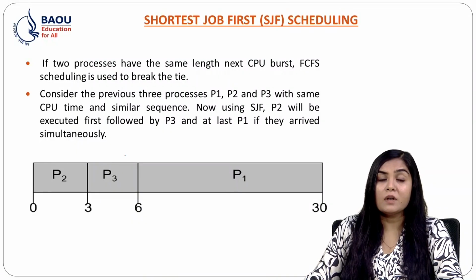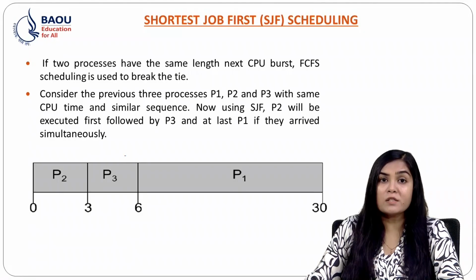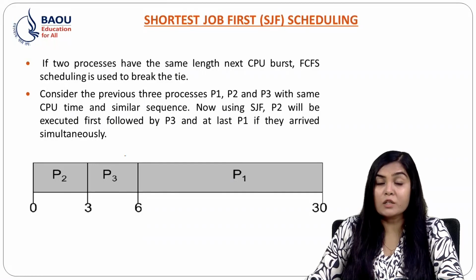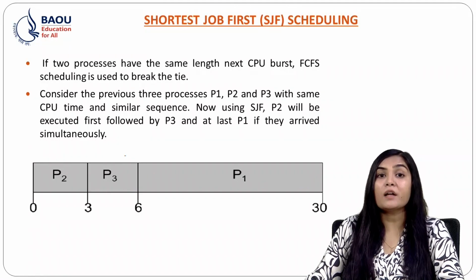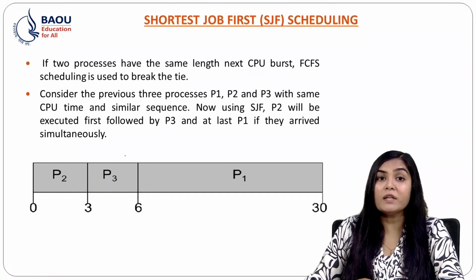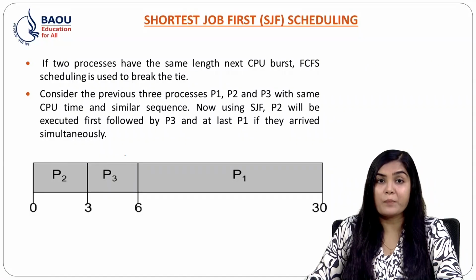So next, the shortest remaining time first scheduling is a preemptive variant of the SJF scheduling algorithm which preempts the currently running job if a newly arriving job has a shorter expected CPU burst time.